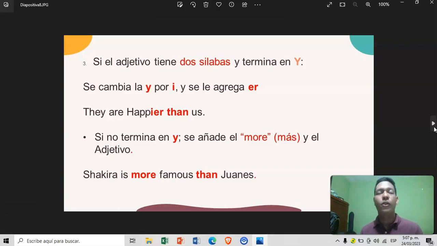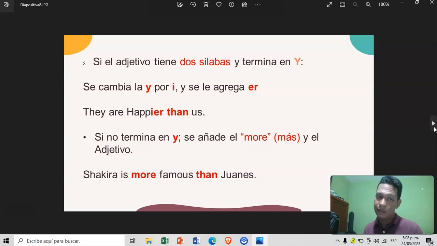So for example, they are happy. That is correct. We are going to make a comparison using the adjective, and it changes: they are happier than us.